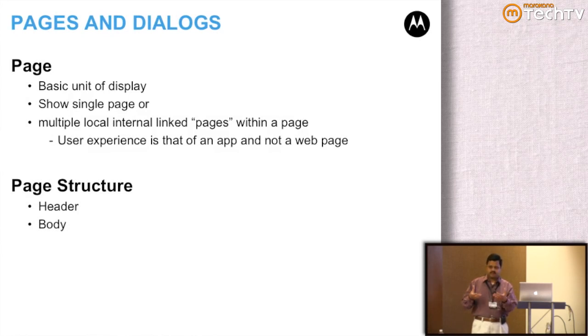It almost feels like you are flowing from one screen to the other. That is the kind of effect it brings you, and it does it automatically for you. All you have to do is link the second page from the first page and vice versa, and you can have a very smooth transition. I have an example, I will show that to you. So, to build a basic page, you need a header and a body.